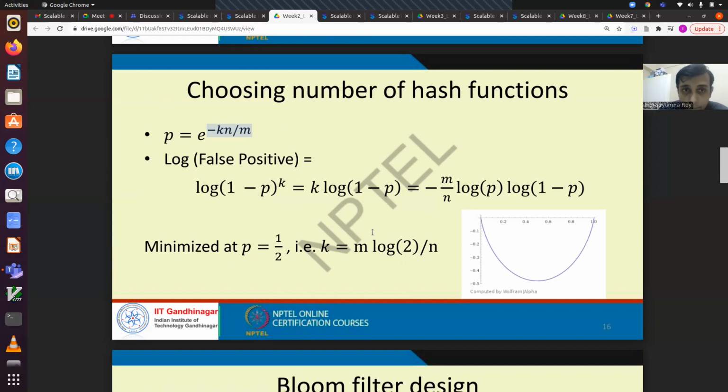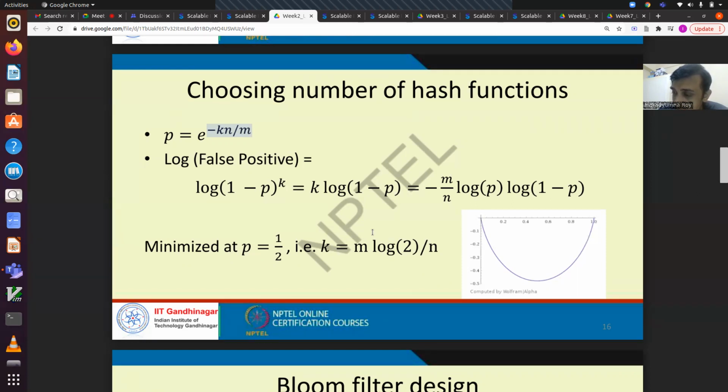Then K equals M by N log E. So we know K. If we replace M by 10N or whatever value, then the N cancels out.